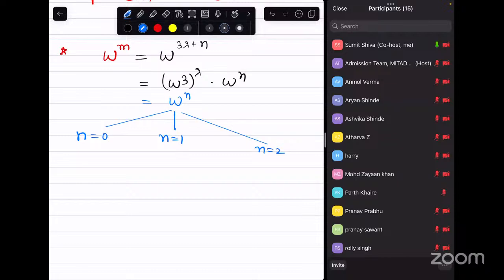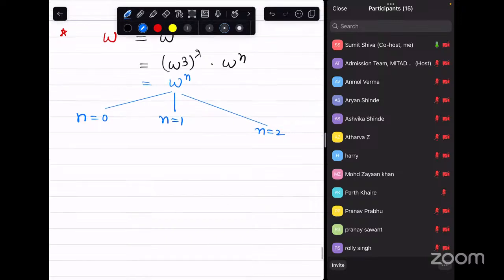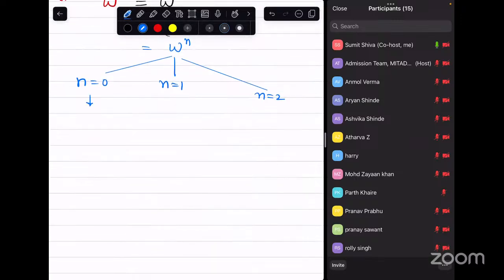And if it is greater than 3, then we have already converted it into 3 lambda plus n form. So n has to be 0, 1 or 2. If it is 0, we will have omega raised to power 0, which is 1. We will have omega raised to power 1, which is omega. And we will have omega raised to power 2, which is omega square, that is the conjugate of omega.